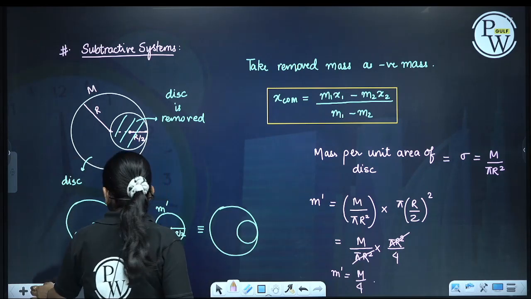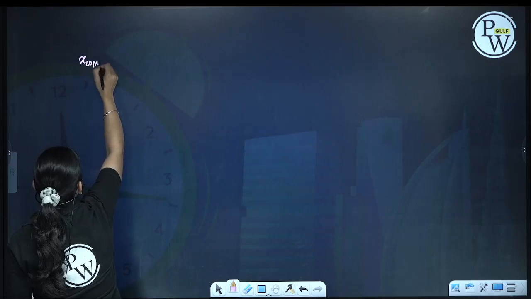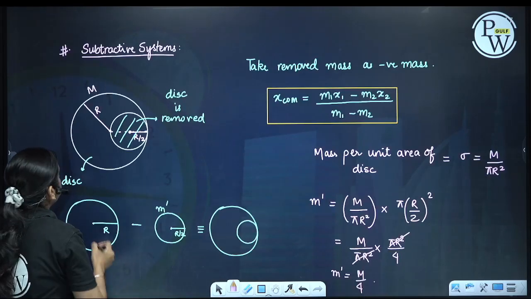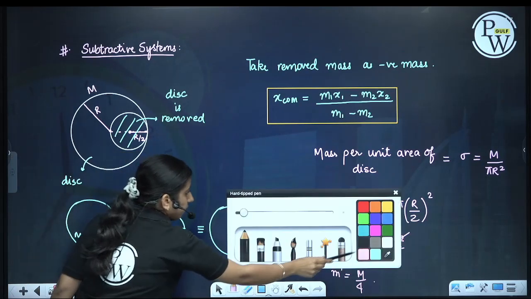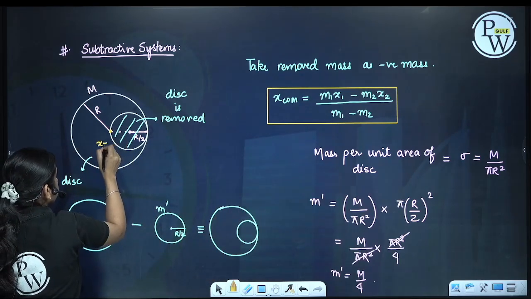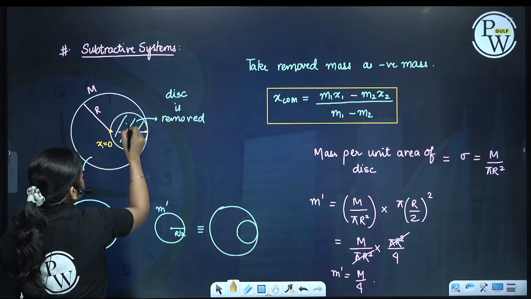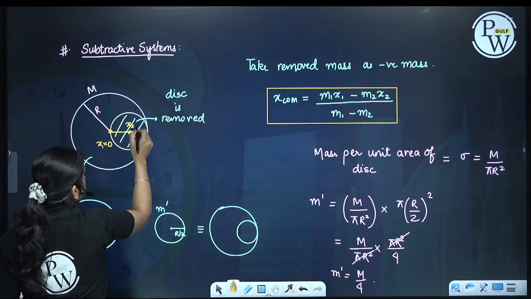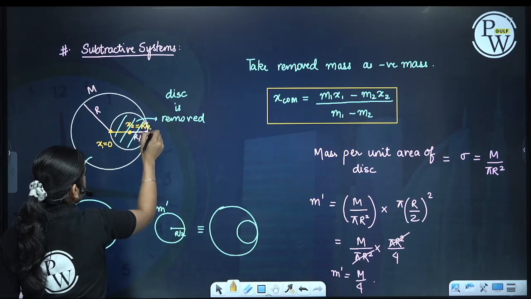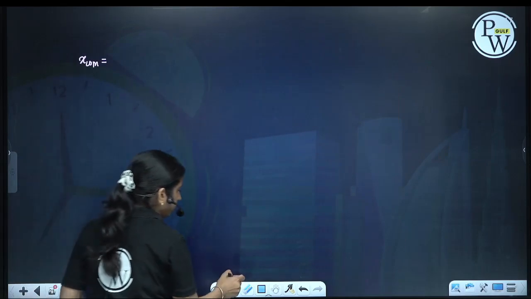Now calculate XCOM. Let us take this as the origin. So x1 will be 0, and x2, this distance, will be r by 2.